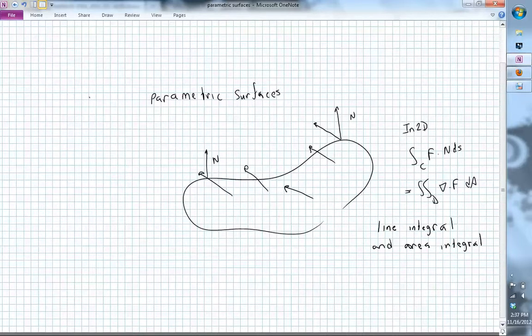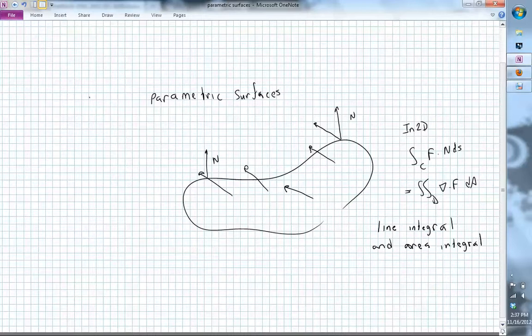Okay, what we want to do is take this idea and lift it up 1 dimension. So if I take a 2-dimensional region and turn it into a 3-dimensional region, what happens to its boundary? It becomes a surface. So I take a 2-dimensional region and now I'm going to talk about a 3-dimensional volume in space.